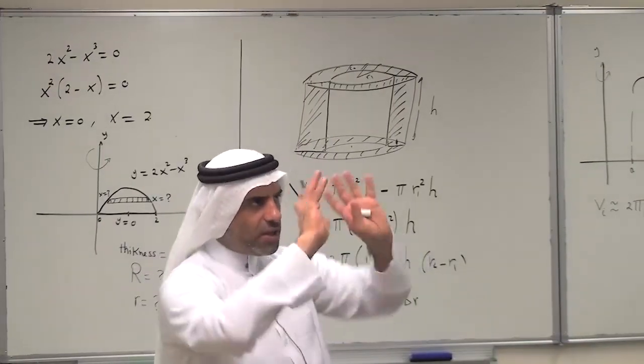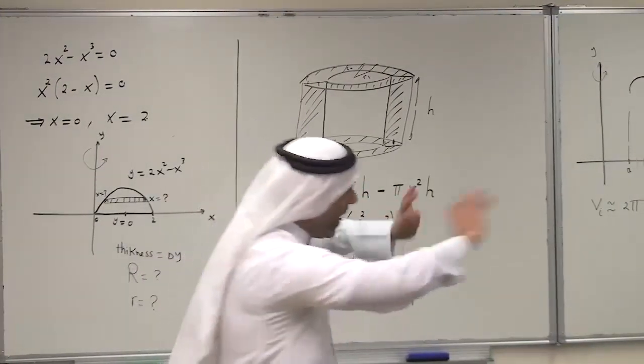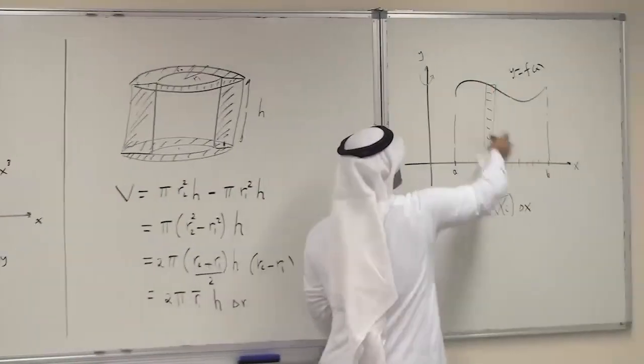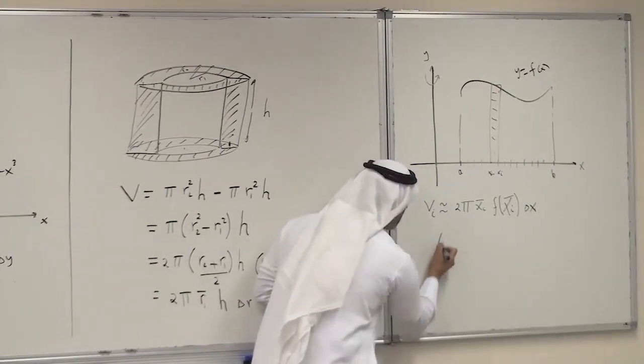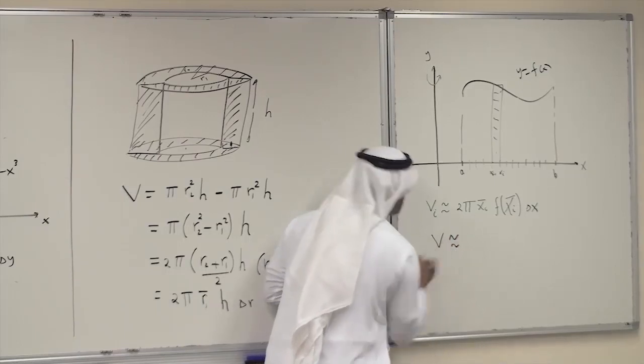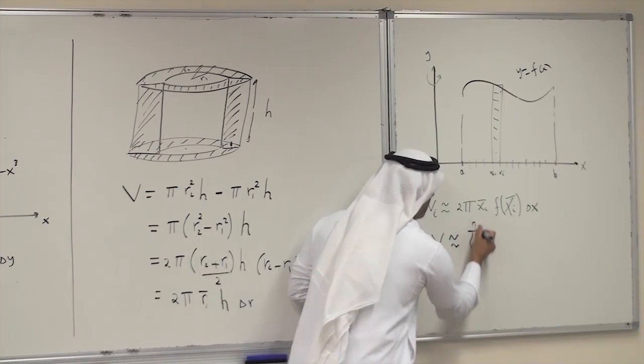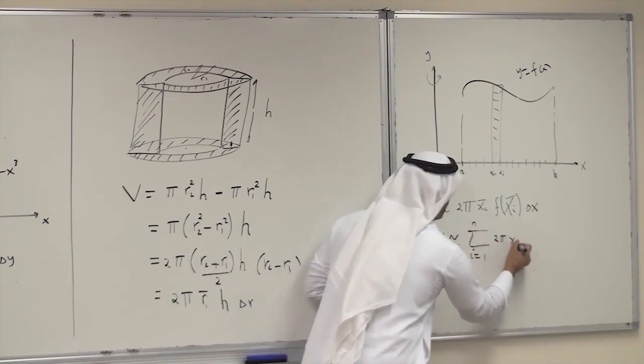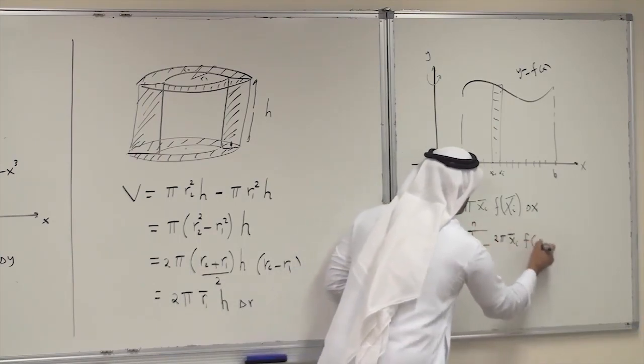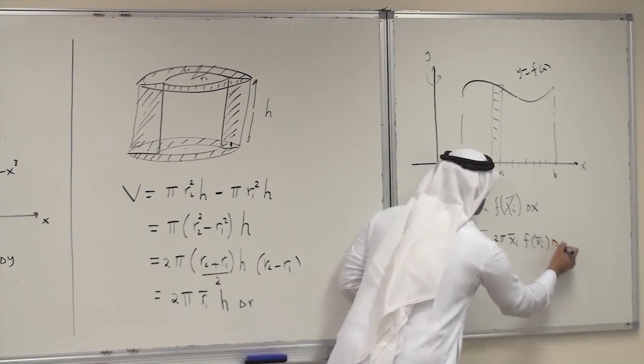We need to find the total volume. So what should we do? We need to add them. We need to add the volumes of each cylindrical shell. So that will give me the total volume is approximately equal to the summation now, i equal to 1 up to n, 2 pi x i bar f of x i bar times what? Delta x.